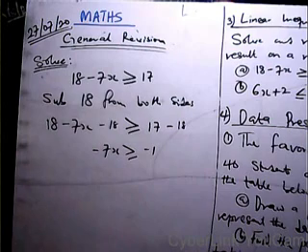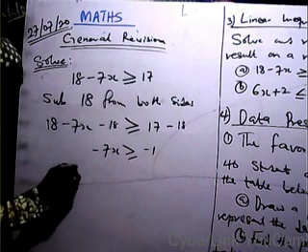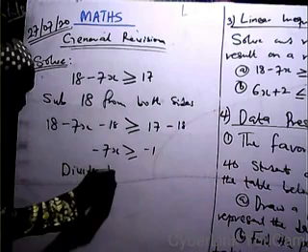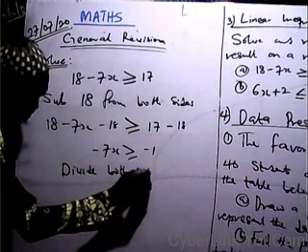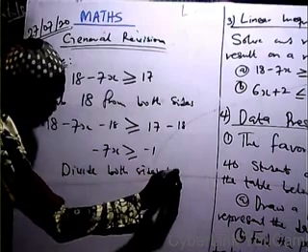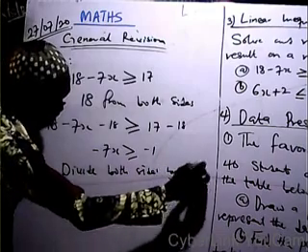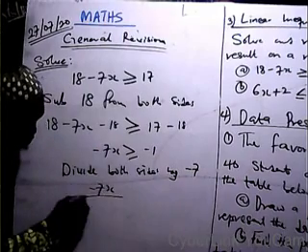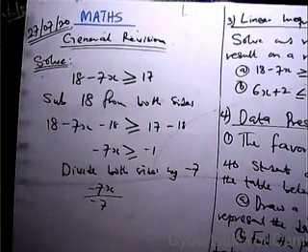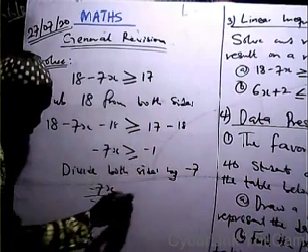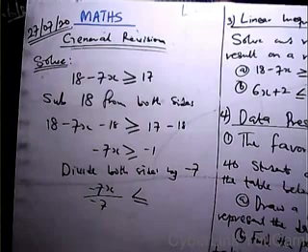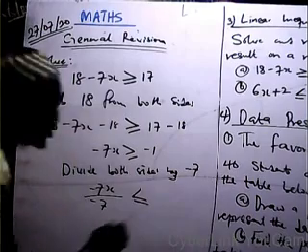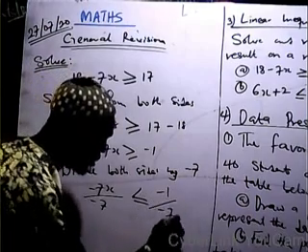Therefore, if you now want to divide both sides by minus 7, you have minus 7s over minus 7. The sign will change to less than or equal to minus 1 over minus 7.